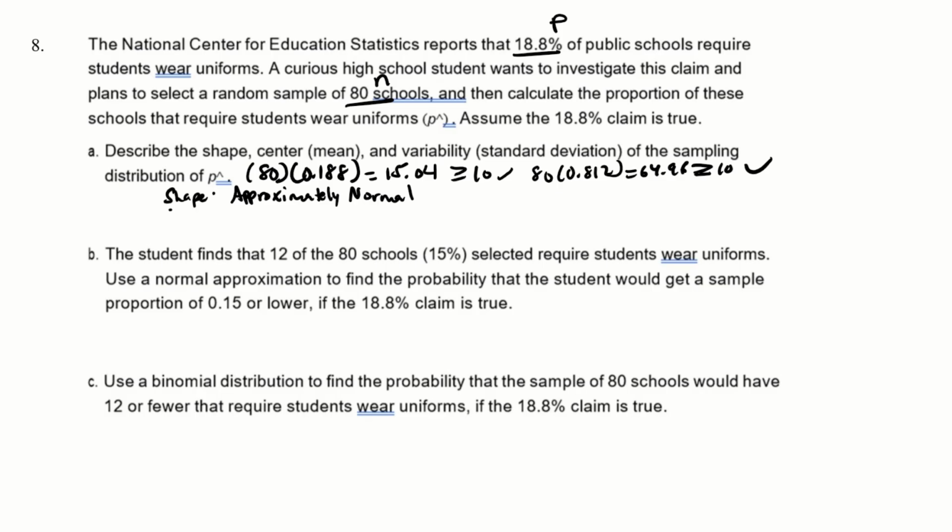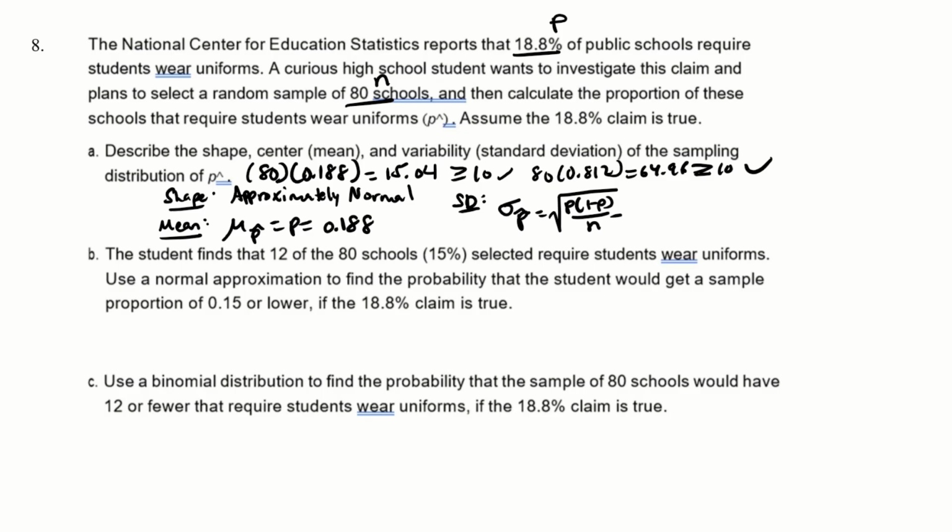Now let's look at the mean. The mean is easy. It's just going to be p, which is 0.188. Standard deviation, we'll need to calculate that. So sigma p hat, remember, is the square root of p times 1 minus p over n.